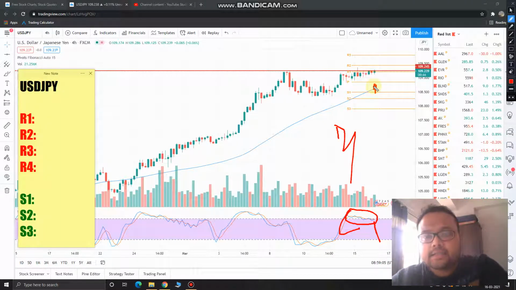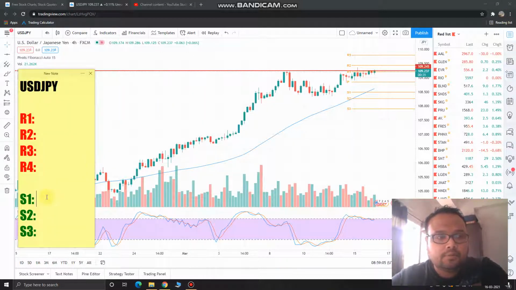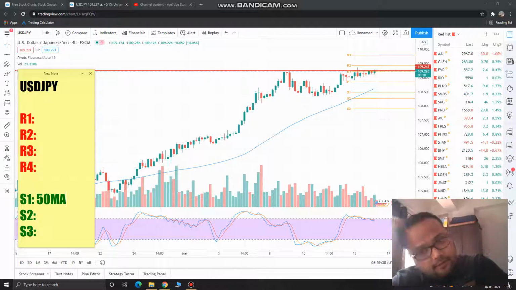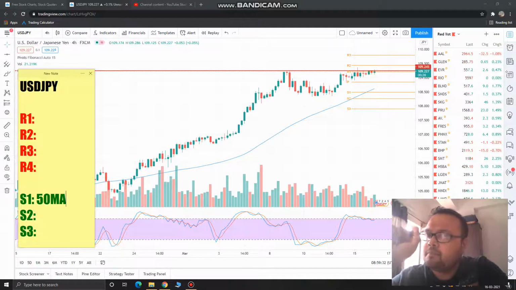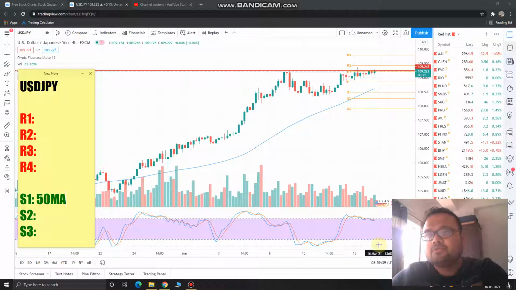In that case you can go for the trade. So your support one is the 50 moving average. Wait for the market to come down to the 50 moving average or to the oversold zone. When it is in the oversold zone, look at the position of the price. If it is still trading above the 50 MA and taking support at the 50 MA, go for it.